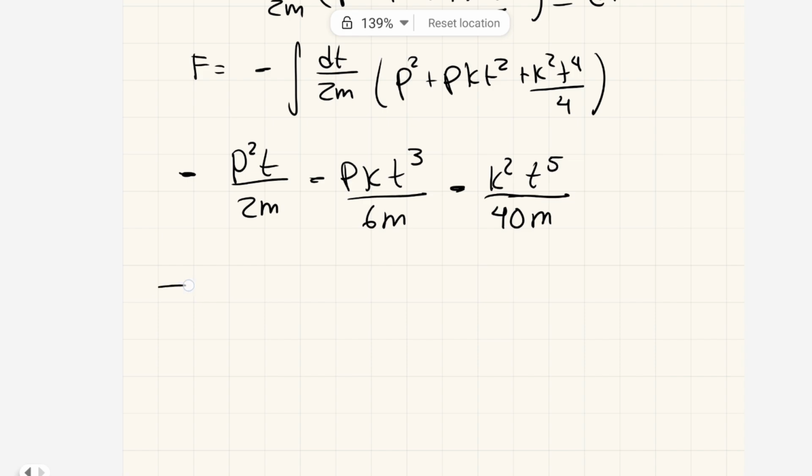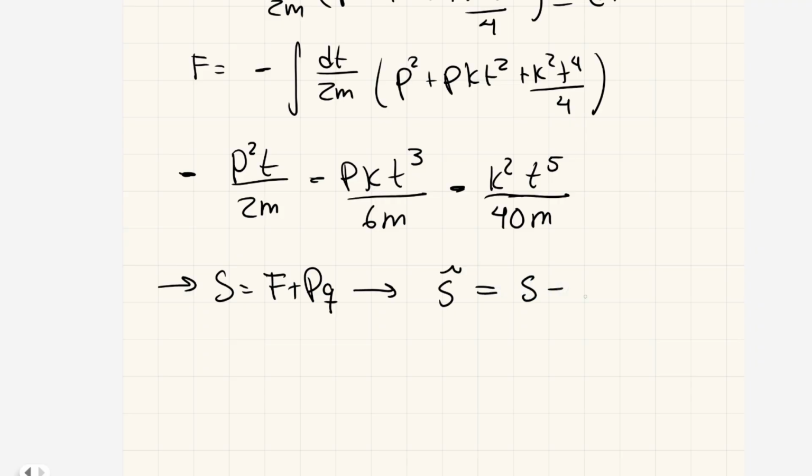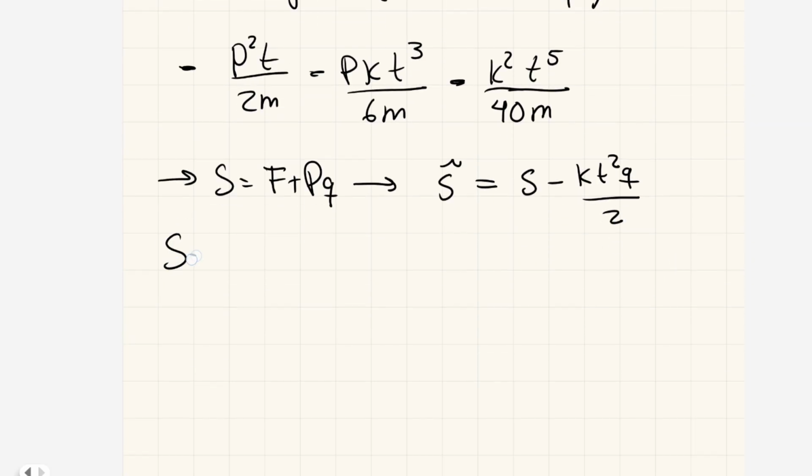So we proposed that S tilde is F plus PQ, and that S tilde is equal to S minus kt squared Q divided by 2. So S is equal to S tilde plus kt squared Q divided by 2.